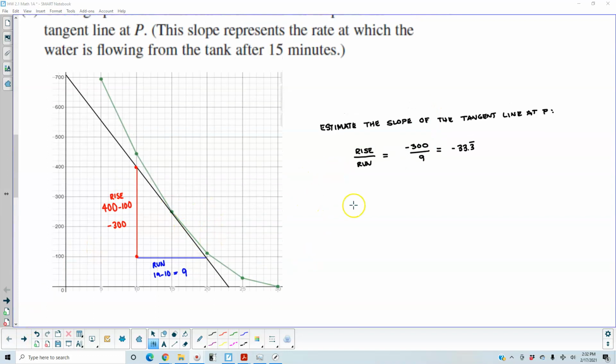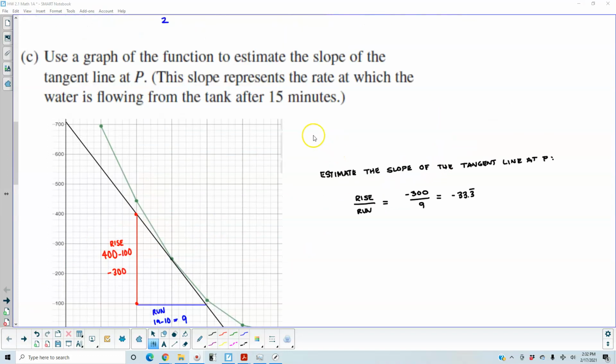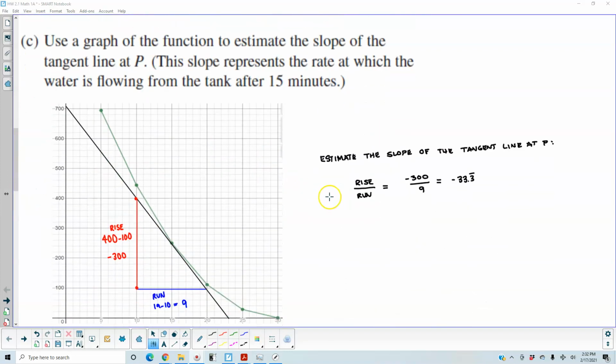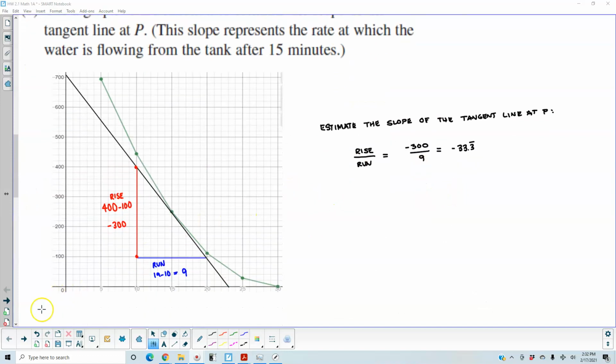And so if you notice what that slope of that line represents, well, that represents part B, and what we found to estimate in part B, we got the same estimation here.